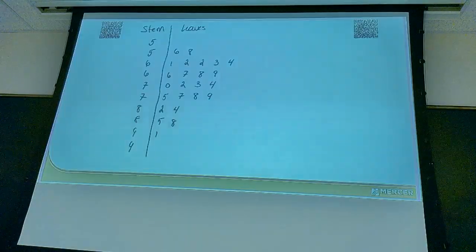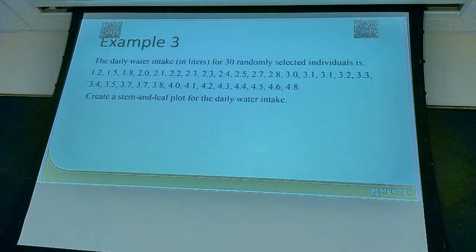That would be if you want to split it into multiple stems. Next: daily water intake, measured in liters, for 30 randomly selected individuals is given. Write a stem and leaf plot for this.